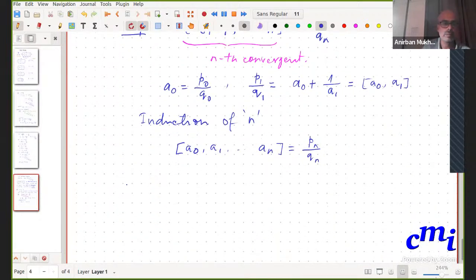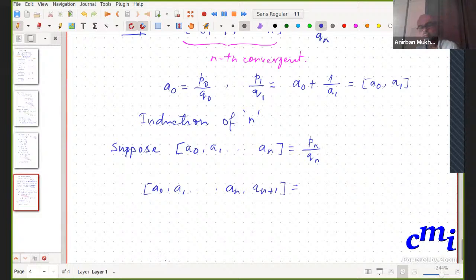Let's start with A0, A1 to AN and add one more, A(N+1).